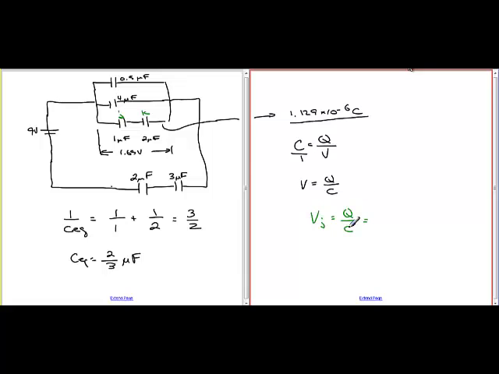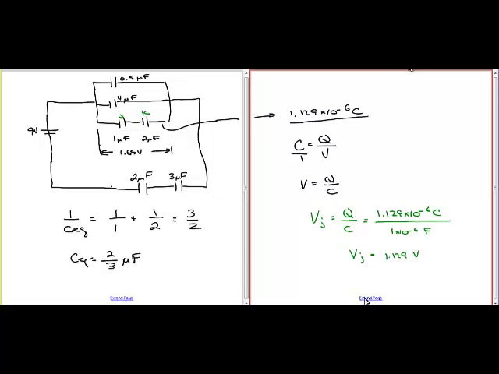The charge is this 1.129 times 10 to the minus 6 coulombs. The capacitance for J is 1 times 10 to the minus 6 farads. 1.129 divided by 1, so you get 1.129 volts. So that's the voltage across capacitor J.